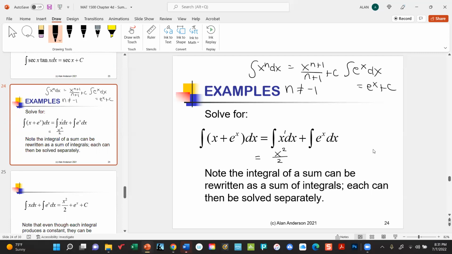But anyway, so here we'll have x. Now, actually, what you're really going to wind up with is this. But we can just combine the two constants. We don't need to treat them separately. Okay, so that would be the final result.